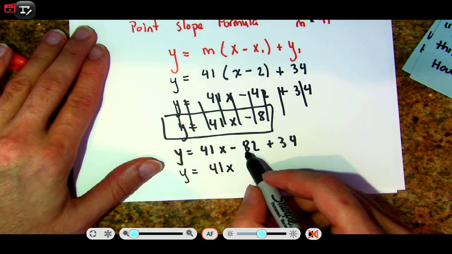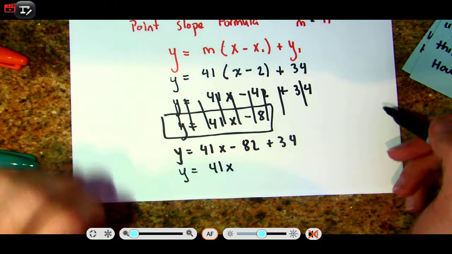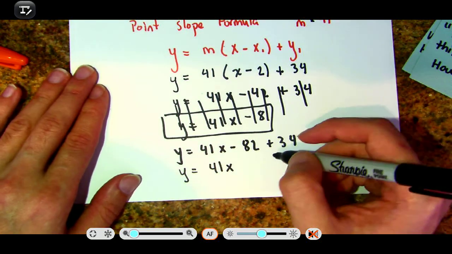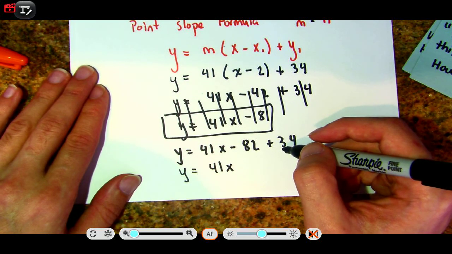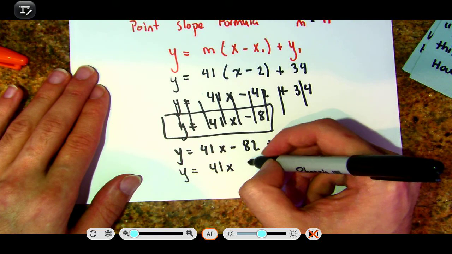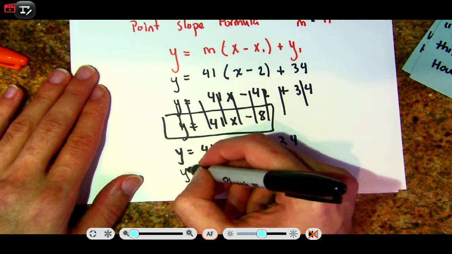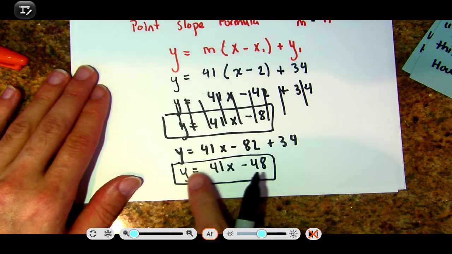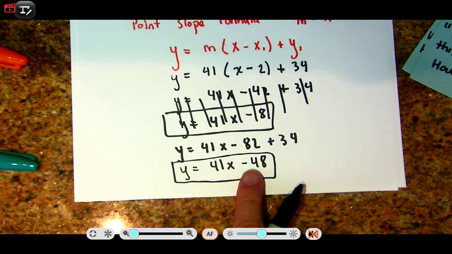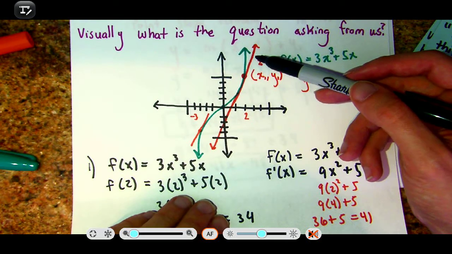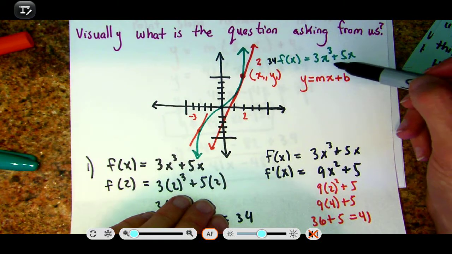Negative 82 plus 34 will be, no, 48, I'm sorry. This will be negative 48. Okay. And this equation here represents the equation of this tangent line for this function 3x cubed plus 5x at x equals 2.